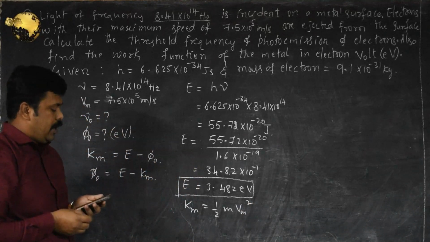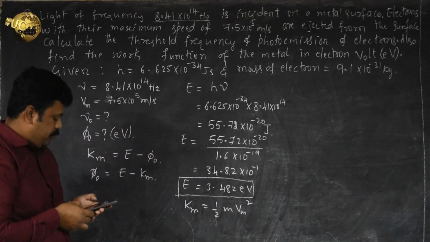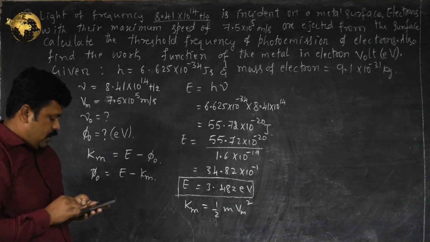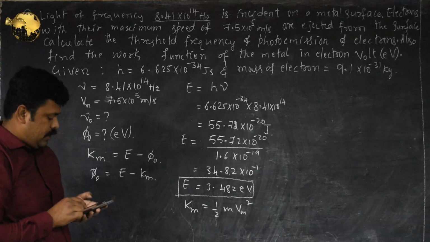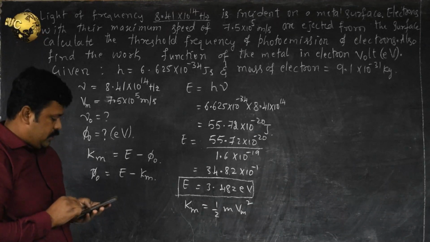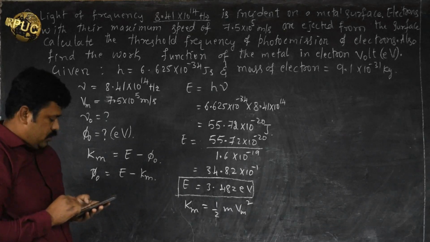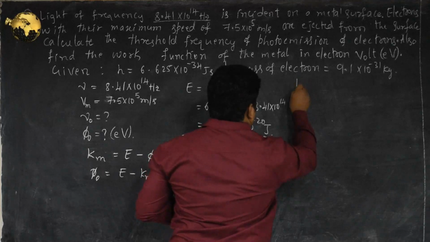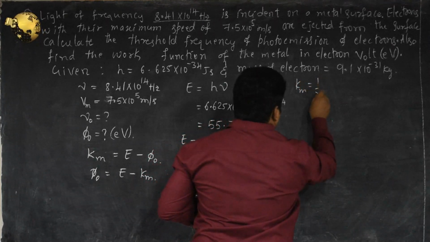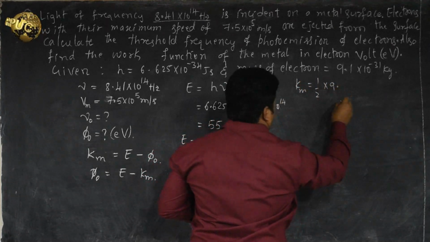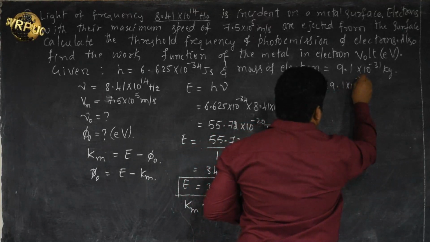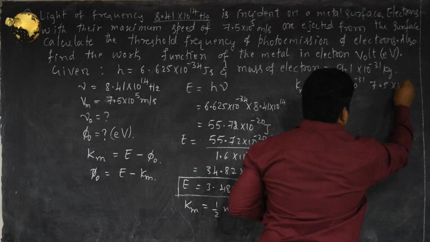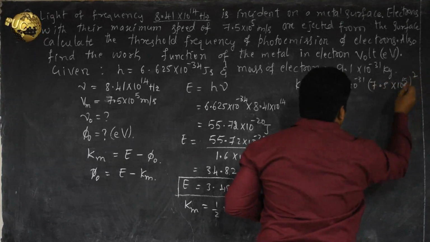So K max is 1 by 2 into mass of electron 9.1 into 10 to the power minus 31 and 7.5 into 10 to the power 5 whole square.